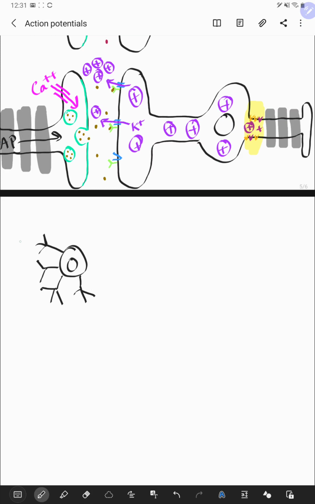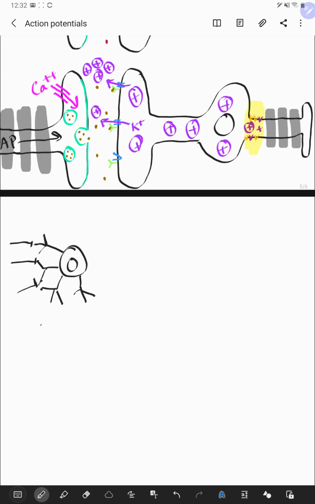They're going to attach to the axon terminals of other neurons. So there's other neurons here that are going to attach to them, and other ones here, other ones here that are going to attach to that one, etc.